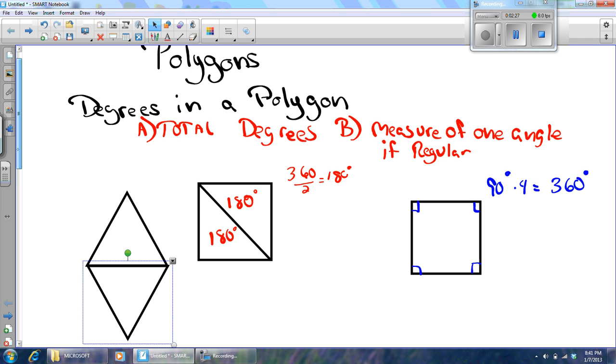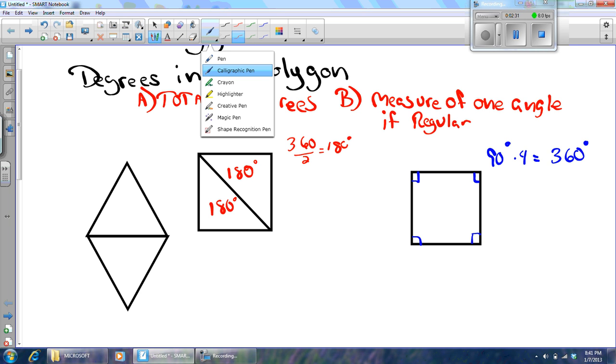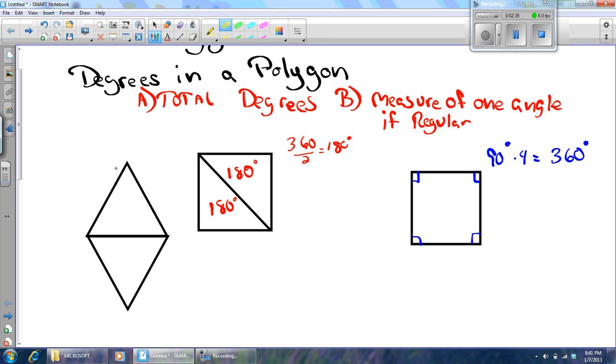I mean, I'm only counting the outsides. I'll trace that in a highlighter to prove my point to you. There's 1, 2, 3, 4. And we know from the square that quadrilaterals have 360 degrees. So therefore this triangle must have 180 degrees.